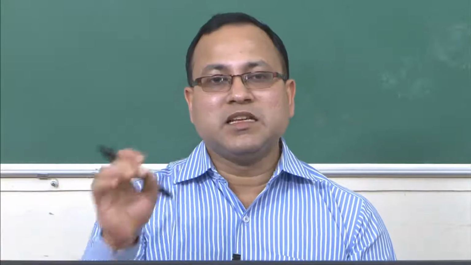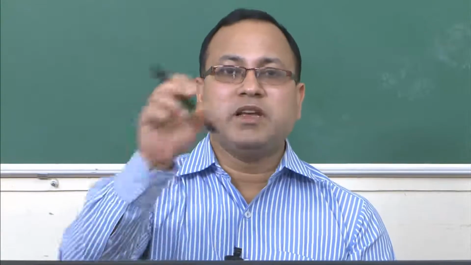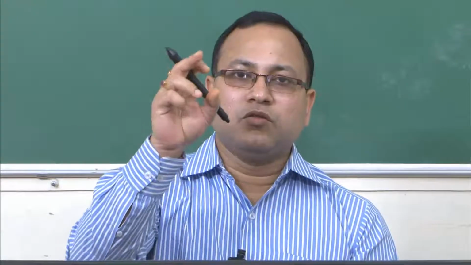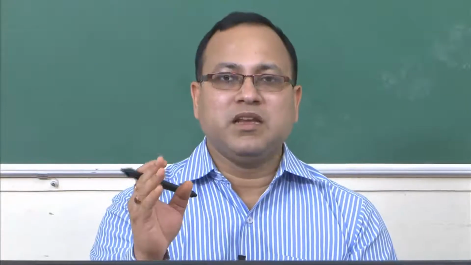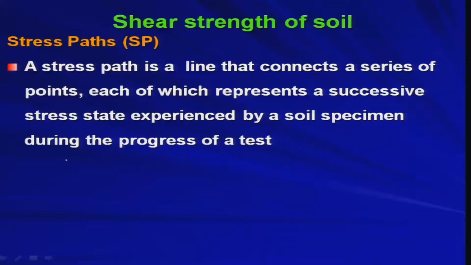If you join those points, you will get a line, and that line will be indicated as the stress path. Now, what are those points? Each of these points will represent a successive stress state.